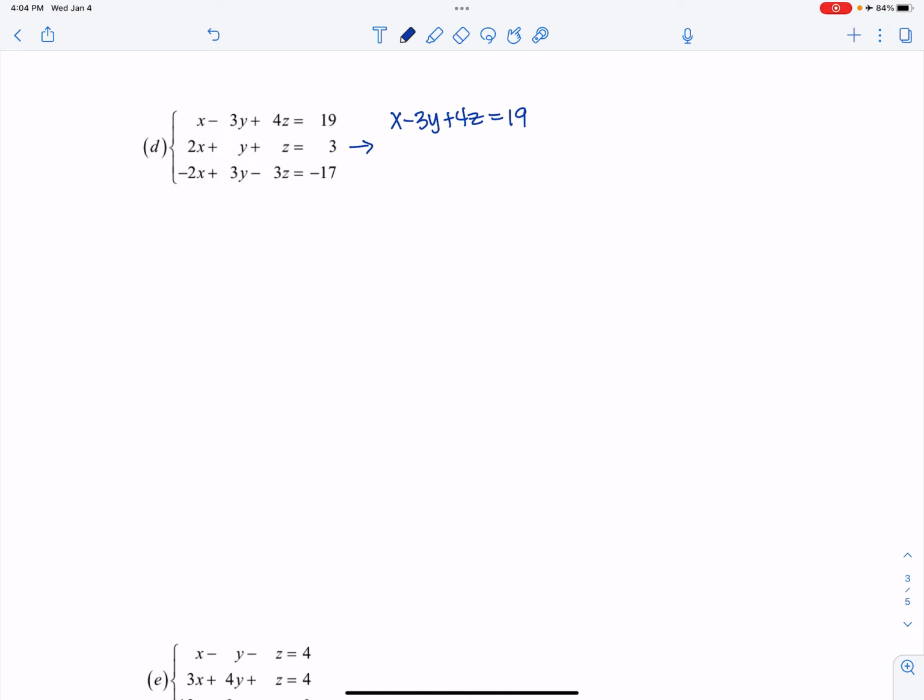The second row I'm also going to leave the same, 2x plus y plus z equals 3. But if I add, 2x minus 2x, I get 0. y plus 3y is 4y. And z minus 3z is minus 2z. 3 minus 17 is negative 14. So we have a new third row.